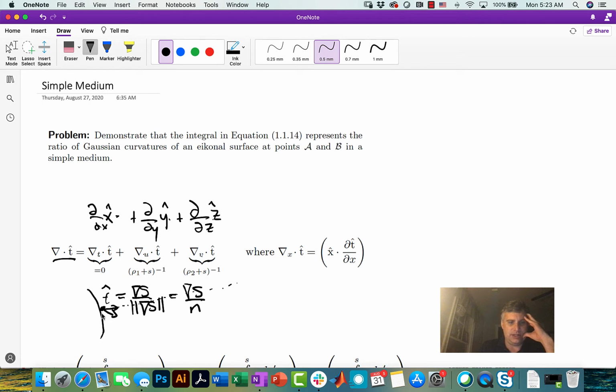U and v are going to be unit vectors that are perpendicular to that trajectory. So I'm just going to take the partial derivative that projects in that direction, and the partial derivatives that project in the u and the v, the perpendicular directions that should lie along the surface of the iconal.